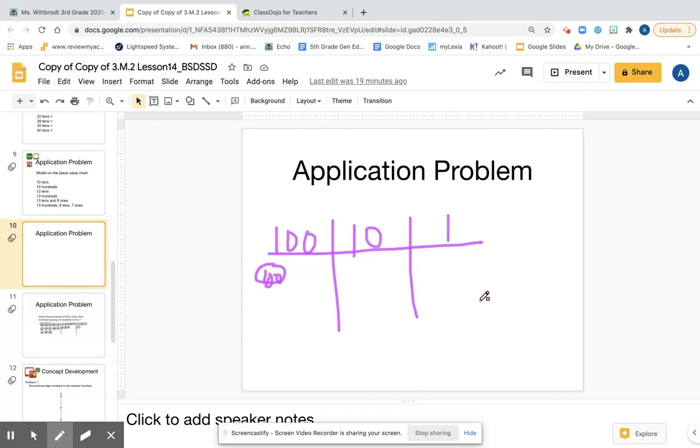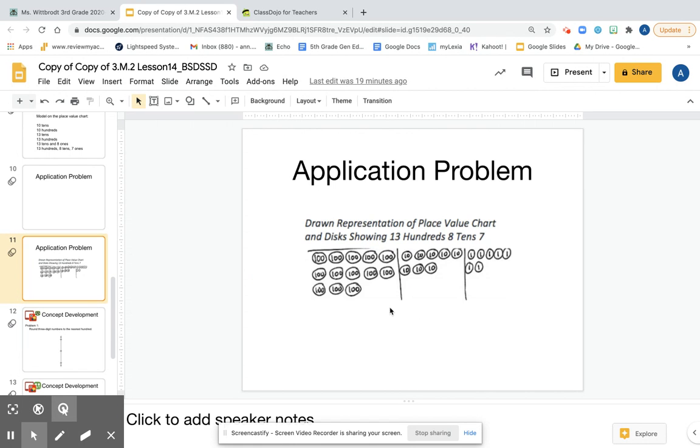Make sure you double check that you have 13 hundreds, 8 tens, and 7 ones. Okay, when you're all done, it should look just like this: 13 hundreds, 8 tens, and 7 ones. And what would that look like as a number?